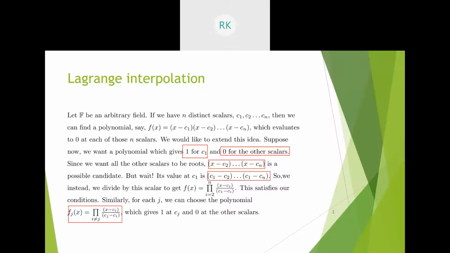Okay. So now we want beta 1 at C1, beta 2 at C2, and so on up to beta n at Cn. Now, if you sum up these polynomials, the summation of beta j fj(x), does this polynomial satisfy the required condition? Does it give you beta 1 at C1?